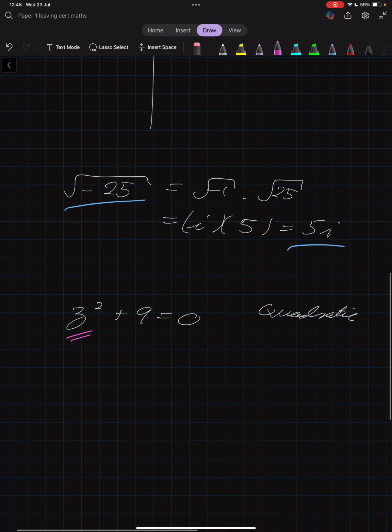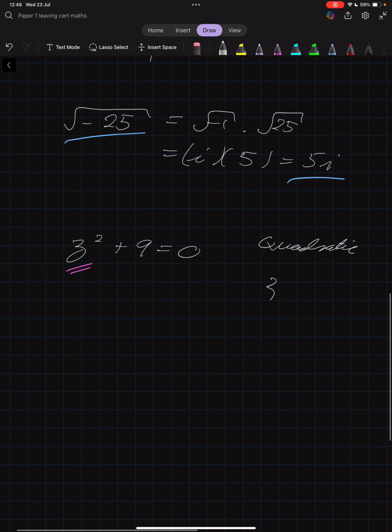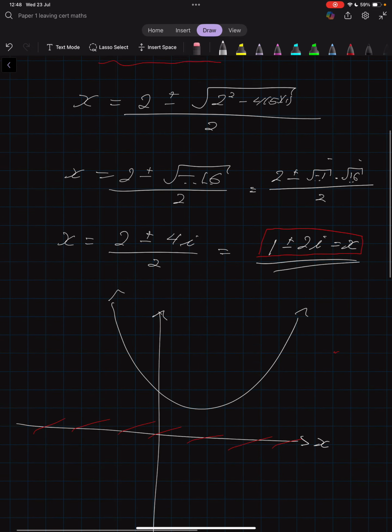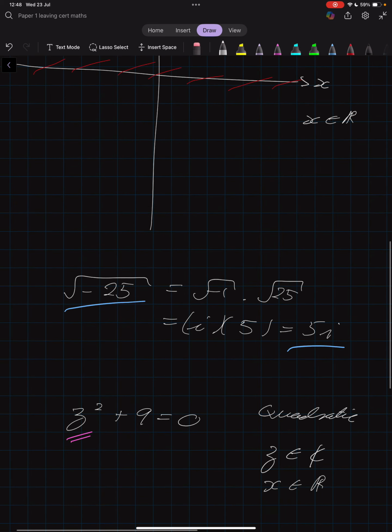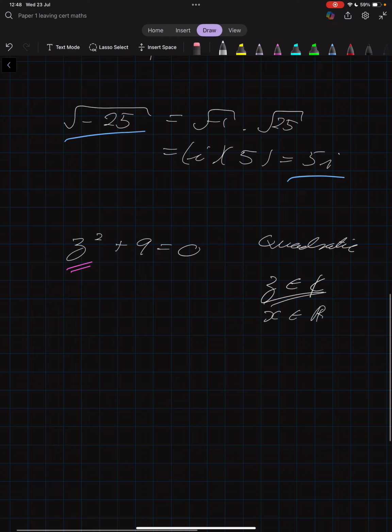If they give you an equation in an exam and there's a z there, it's because z can be complex. They would say z is an element of C. So x is typically an element of R, so back up here, x is an element of R, so it's all real numbers. Here, you're saying that z can be complex.